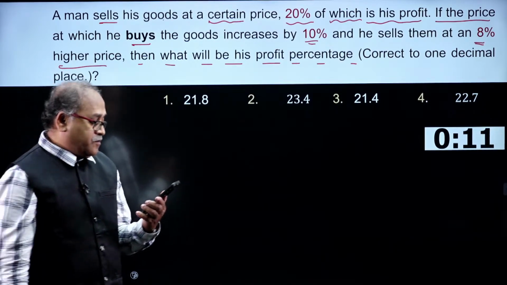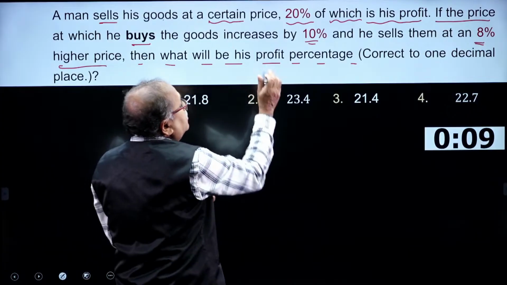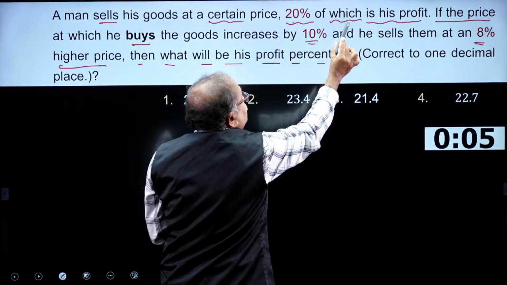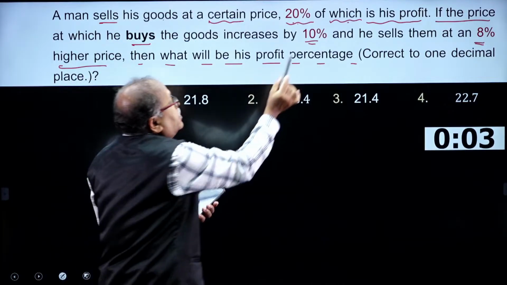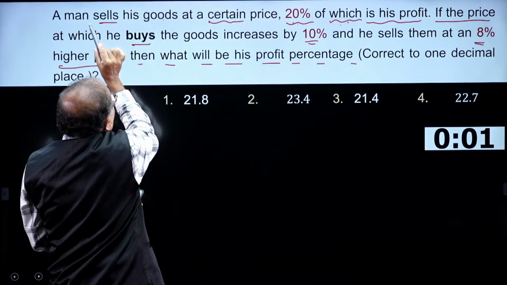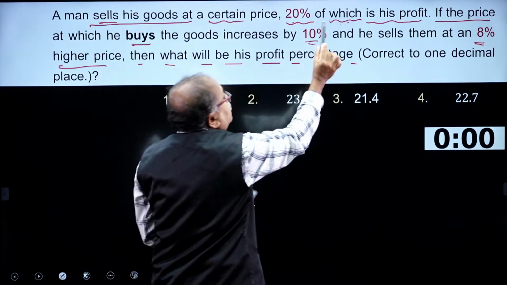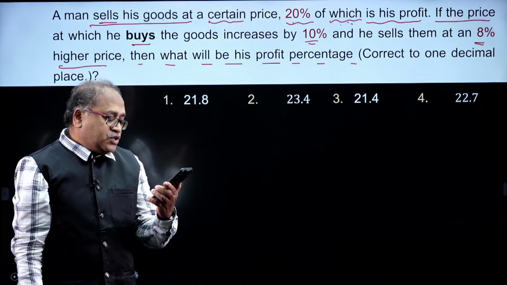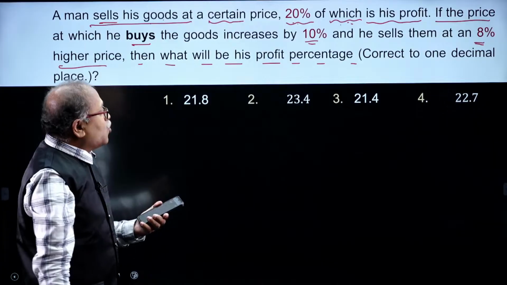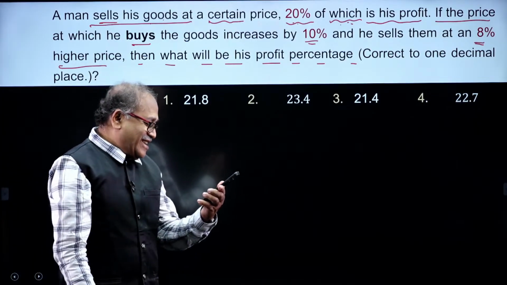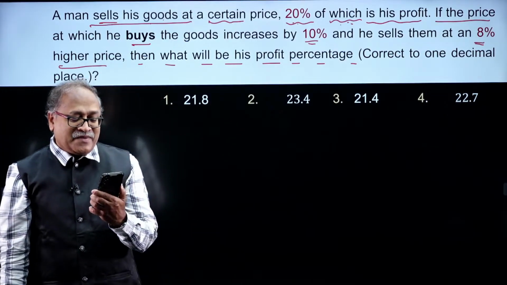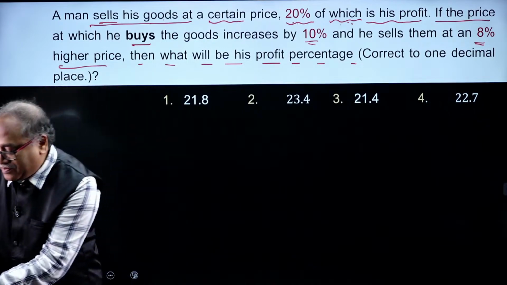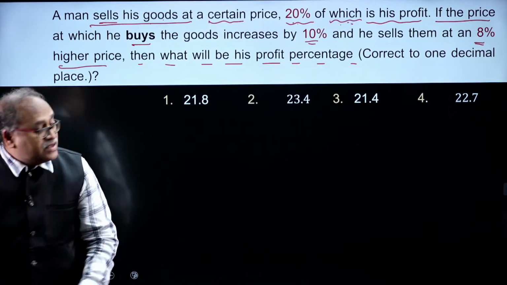Here only take the caution that this 20% profit is 20% of the selling price, that means it is of selling price. Approximate answer is 1, AIM. Okay, my dear brother, time is up. All my friends, time is up.